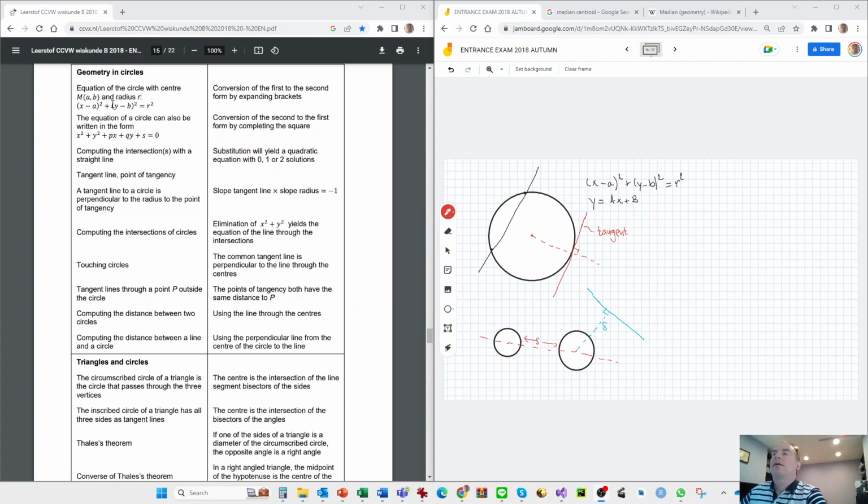Circles. So you need to know what the equation is of a circle with a radius r and center point AB. I've seen quite a few questions about this, so definitely a must-have. You need to be able to compute the intersection with a straight line.